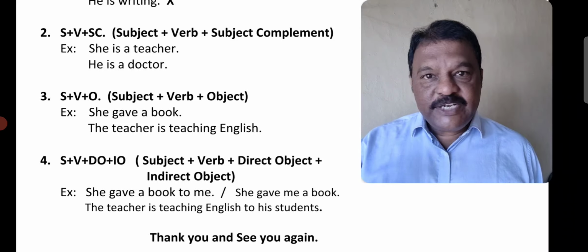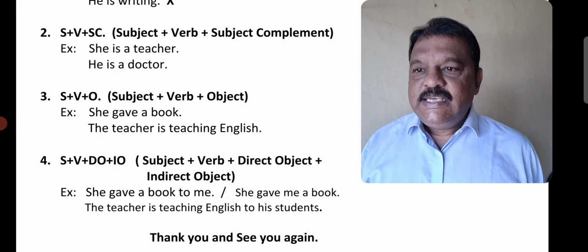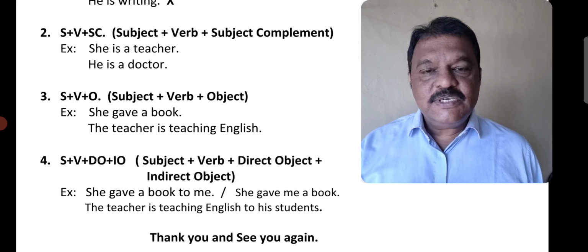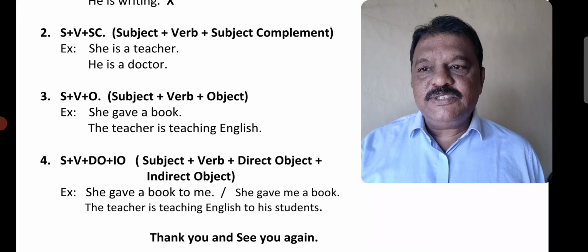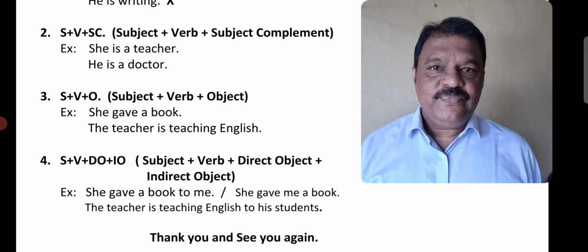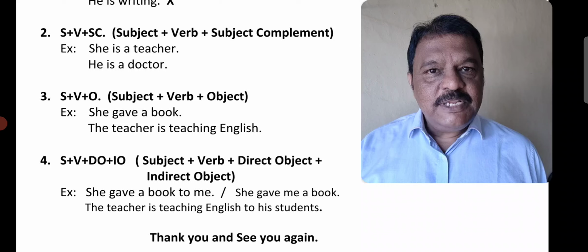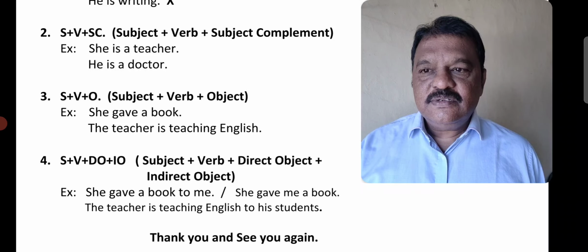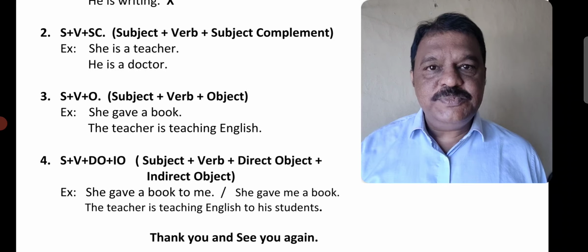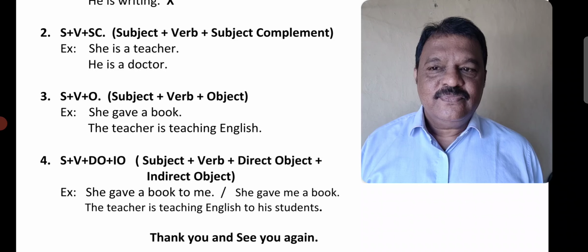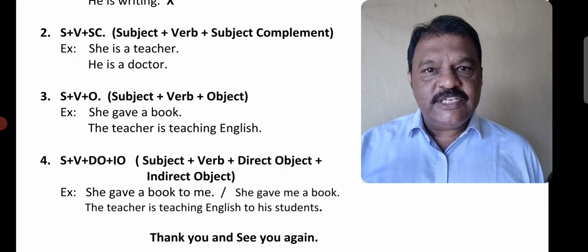Let's move on to pattern number 4. S plus V plus DO plus IO. Subject plus verb plus direct object plus indirect object. Look at our examples.